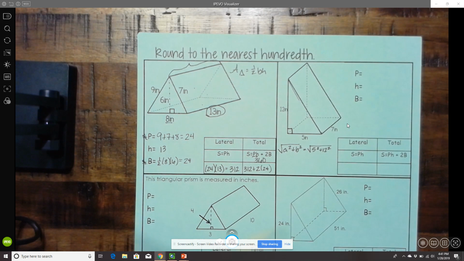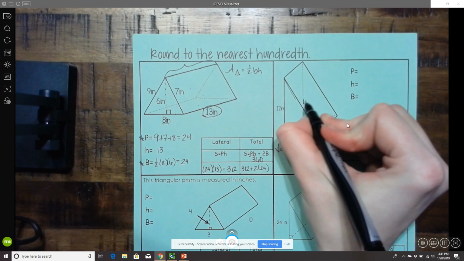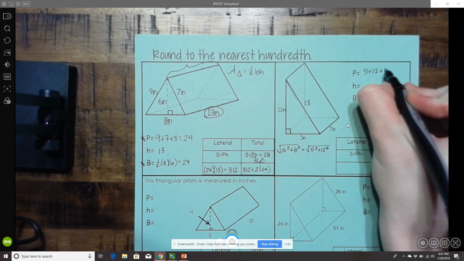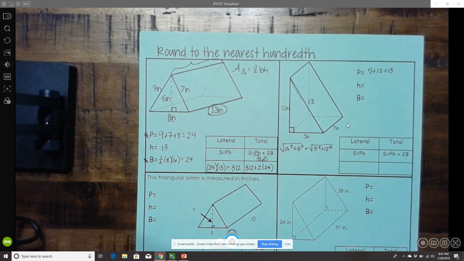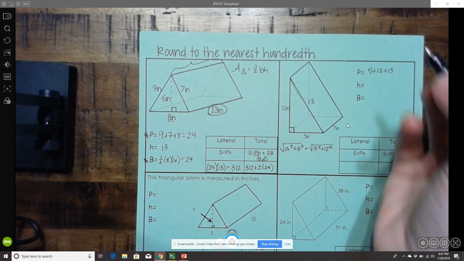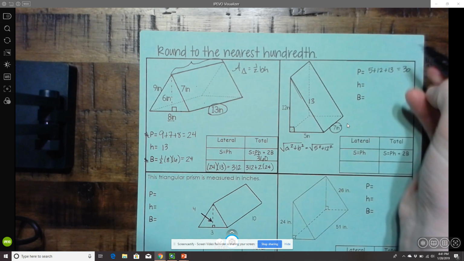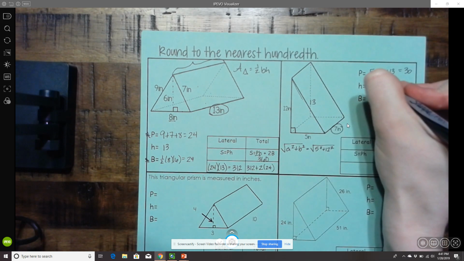It tells me 13 is this side length here. So the perimeter would be 5 plus 12 plus 13, which would be 30. This here would be my height, because it's from triangle to triangle.